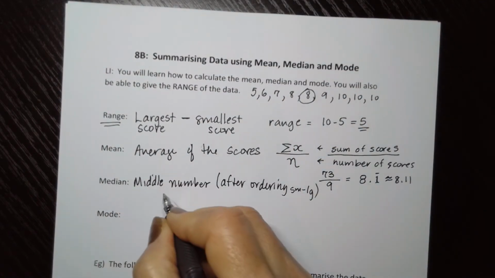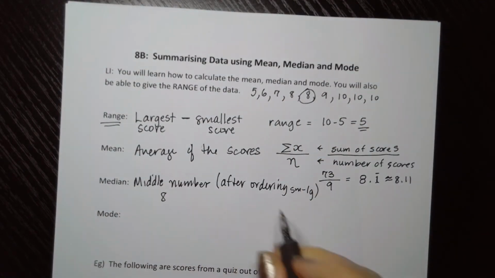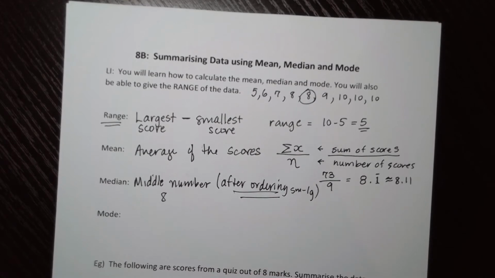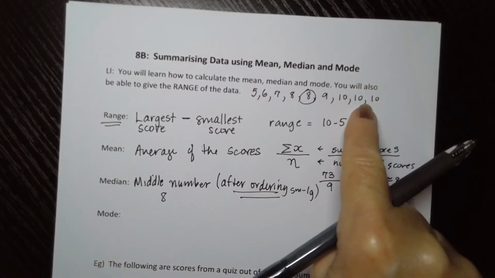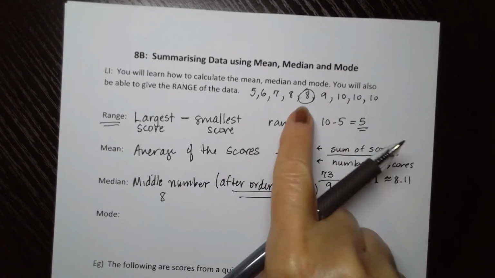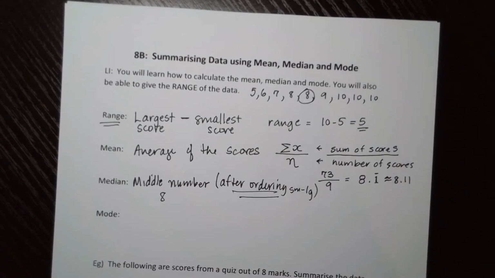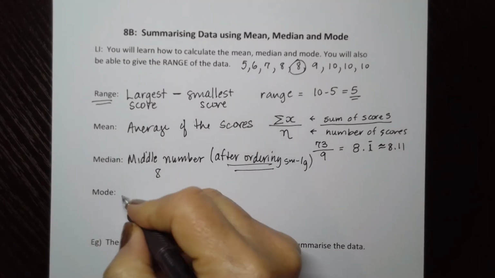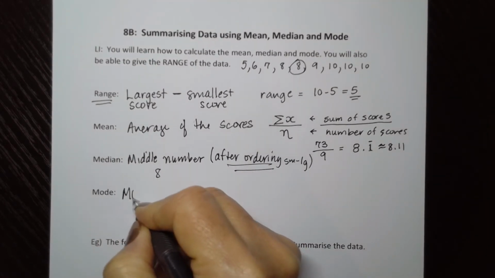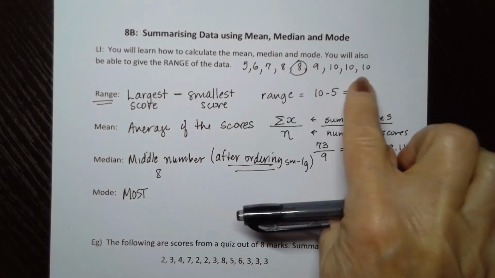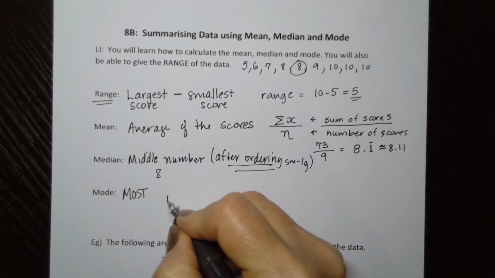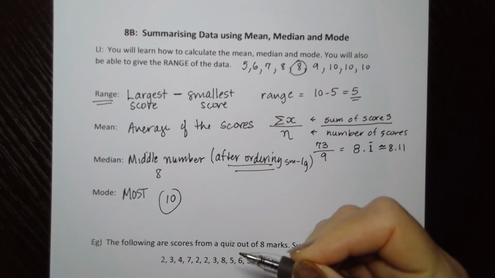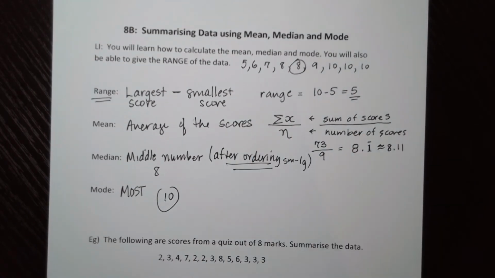So the median of this is 8. So two things to remember: first, you have to order them, just in case they're not, and then you have to count in. Sometimes it's not an odd number of data, so there won't be an obvious middle, and I'll show you that in a minute. The mode is the number that appears the most in the data. So in mine, it's 10. That appeared the most. It appeared 3 times, whilst the other numbers didn't.